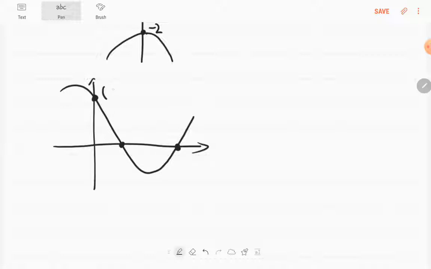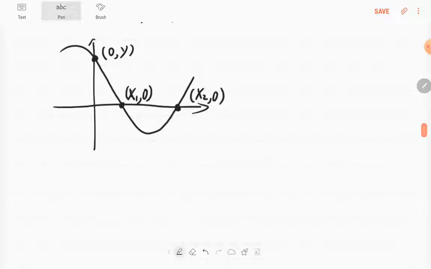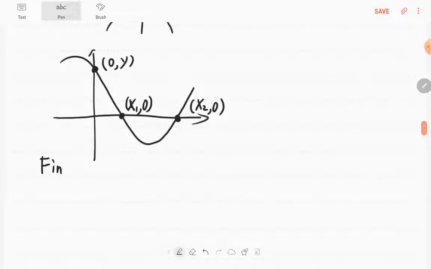So this point must have 0 x coordinate, and this is the y. And this is x1, for example, and the y coordinate must be 0, and this is x2, the y coordinate must be 0. So we notice that the x-intercept always has 0 y coordinate, and the y-intercept always has 0 x coordinate. This gives you an idea how to find the intercepts.